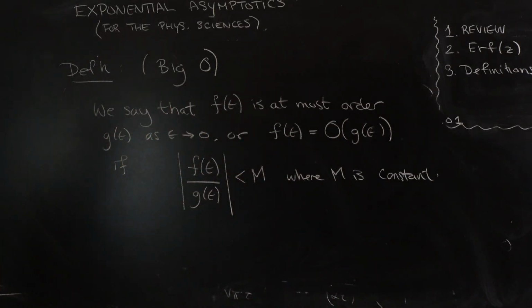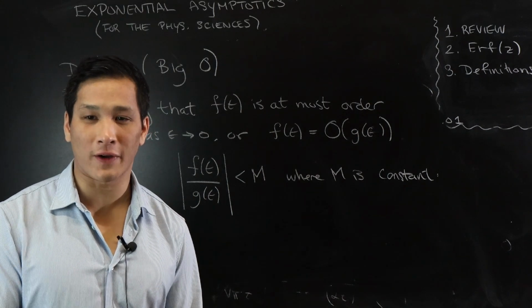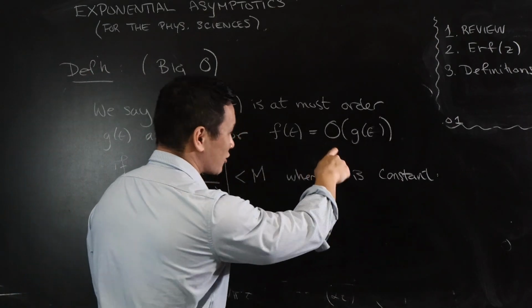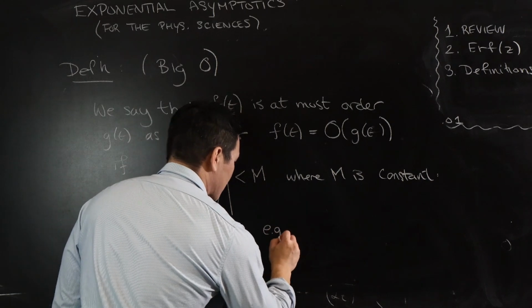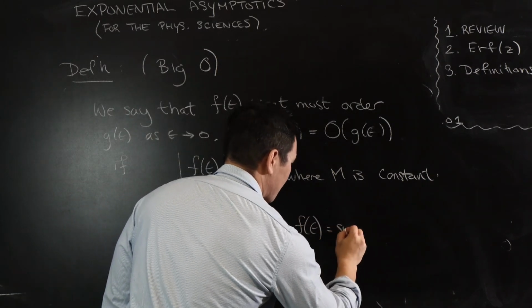Okay, so the way I think of it is that if you want to be using twiddles, you had better get the prefactor, the number in front, right, whereas when you deal with order notation, you don't have to get that number right. So, for example, f of epsilon is sine of epsilon.